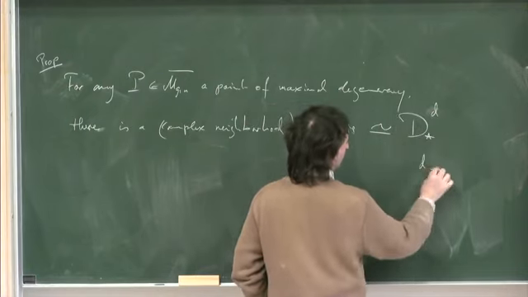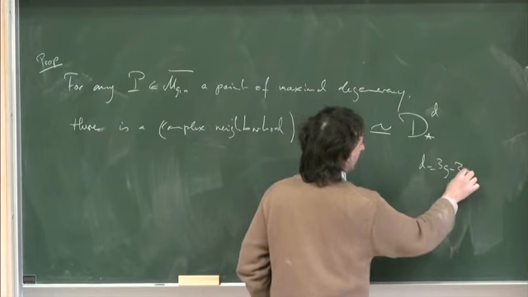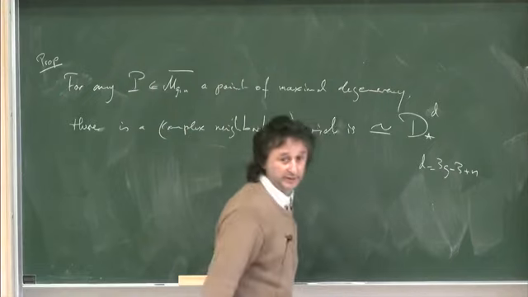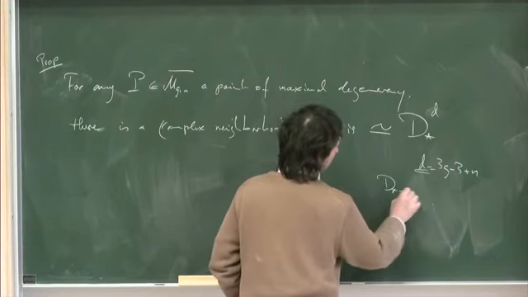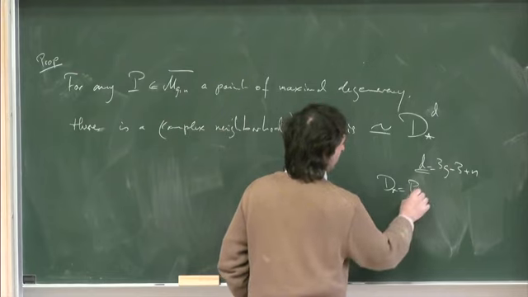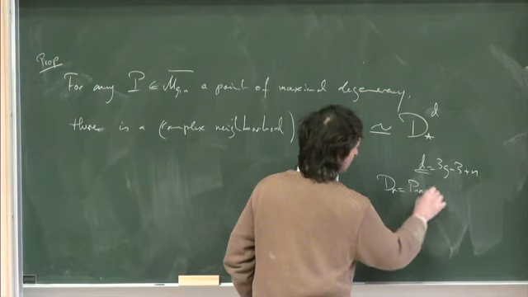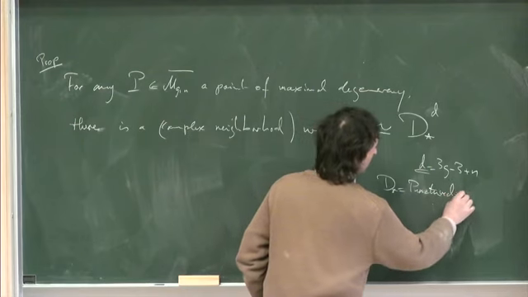So d equals 3g minus 3 plus n is the dimension of your space, small d, and D star is the punctured unit disk.